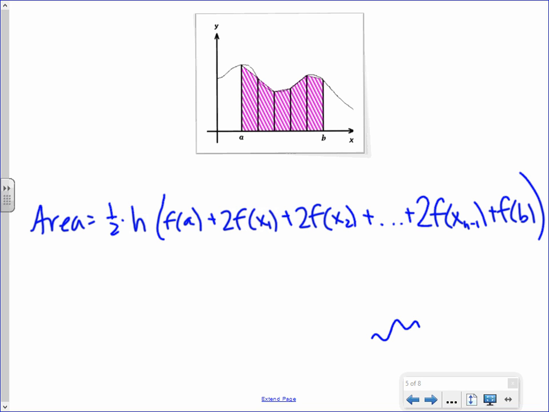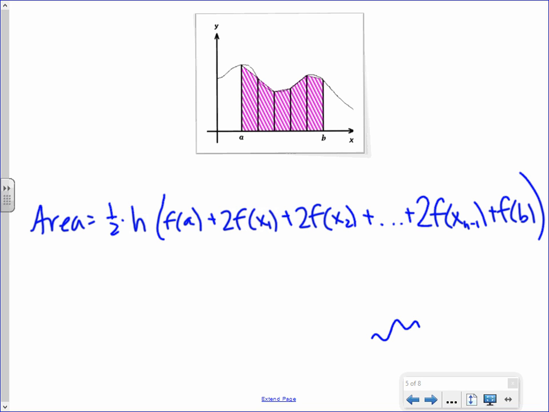What x value? 7/6, right? We're all 1/6 apart. So our first base occurs at 1. Our next base occurs at 7/6. It happens twice. We have to add 2 of our next base of 8/6, 2 of our next base of 9/6, 2 of our next base of 10/6, 2 of our next base of 11/6, and then only 1 of our last base f of 2.